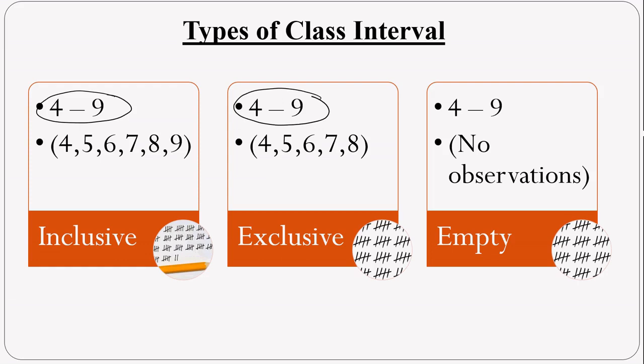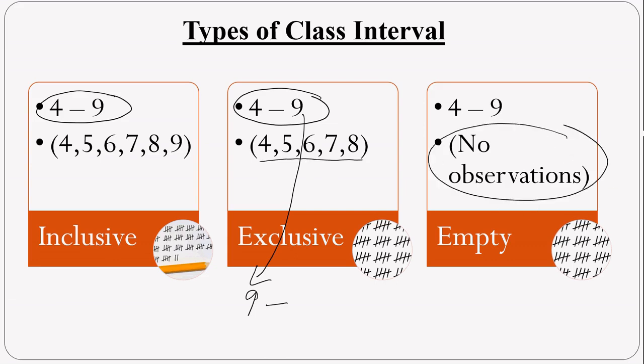The ninth one will go to the next class limit, like this. Can you see down? It will go down like this. That is why we are taking only values up to 4, 5, 6, 7 and 8. When I do the problem, you will understand very clearly. Now in empty, there will be no observations. So these are the different types of class interval we need to understand.